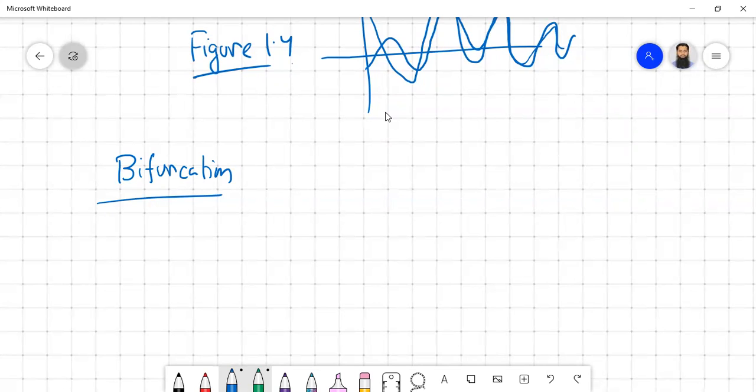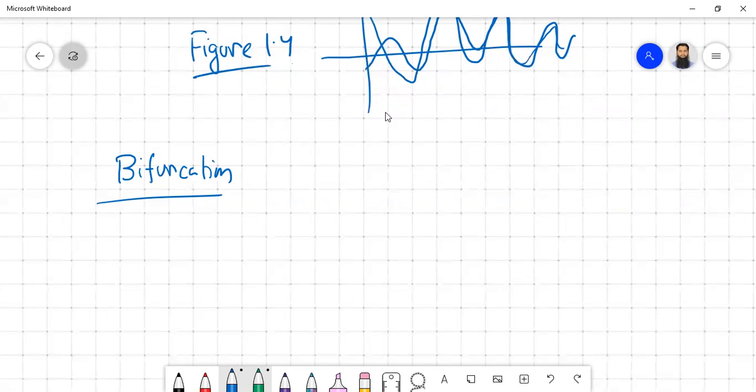Also the number of equilibrium points can change. So the values of these parameters at which the quantitative nature of the system motion changes are known as critical or bifurcation values, and the phenomenon is known as bifurcation. So this is the definition.